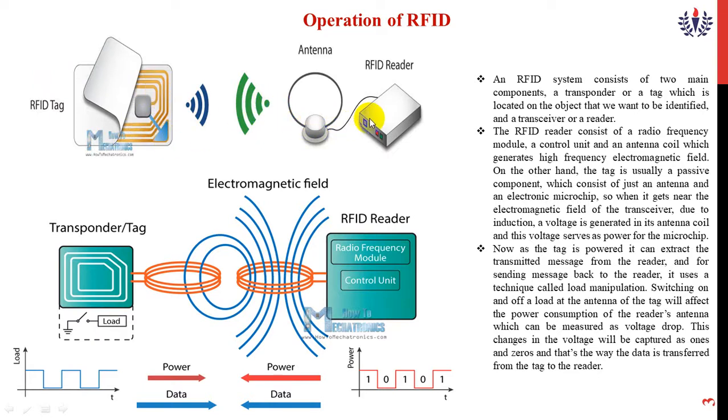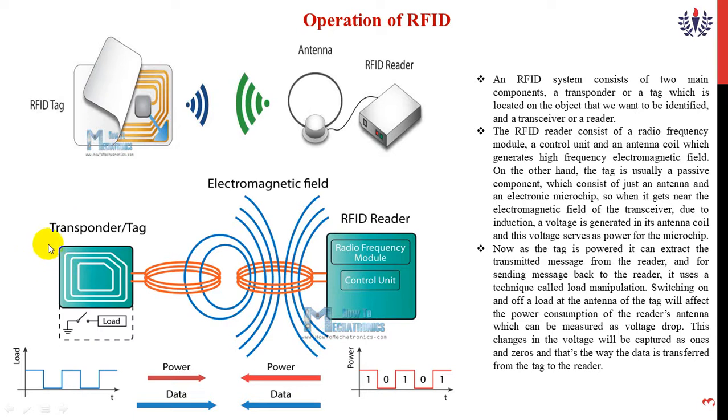The reader has a radio frequency module inside it, along with an antenna coil, which generates a very high frequency electromagnetic field.